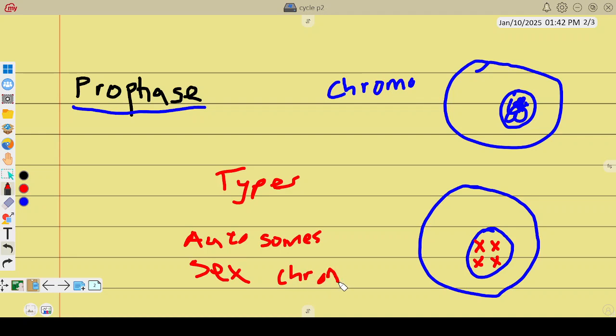These are the major types of chromosomes. One thing to know here is that for the sex chromosomes, we only have 2 chromosomes, one pair.